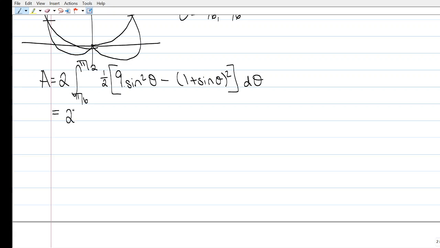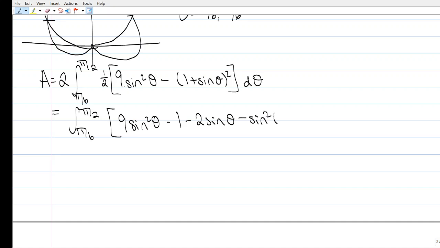So 2 times the 1/2 will cancel, and I'll be left with the integral from pi over 6 to pi over 2 of 9 sine squared theta minus 1 minus 2 sine theta minus sine squared theta d theta. So 8 sine squared theta, when I combine 9 sine squared theta and sine squared theta, but I'm also going to use power reducing.